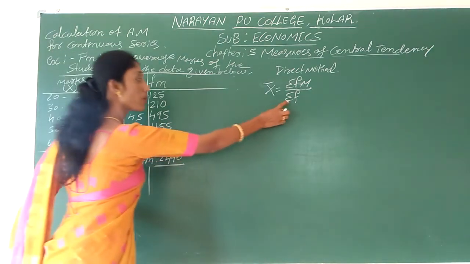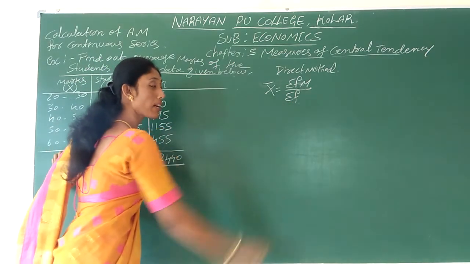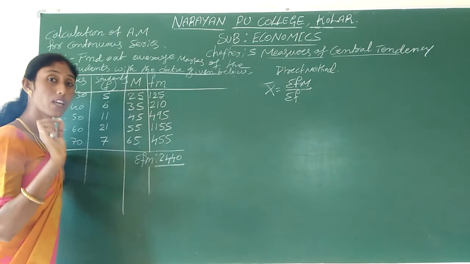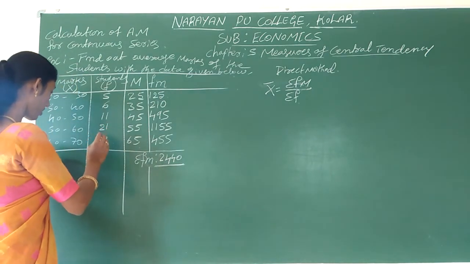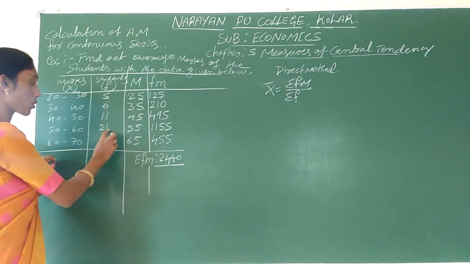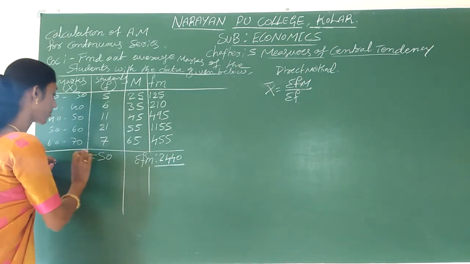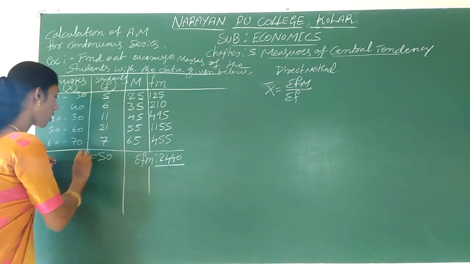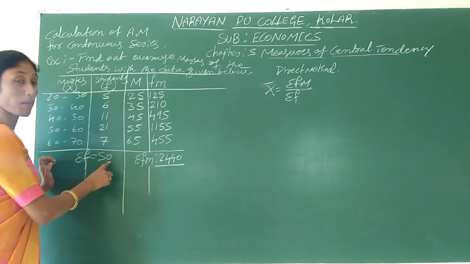Now we also find the sum of frequencies. Sigma f is nothing but the sum of frequencies. Adding all the frequencies, 5 plus 6, 6 plus 11, 11 plus 21 plus 7, we get 50. This is sigma f, the sum of all the frequencies.